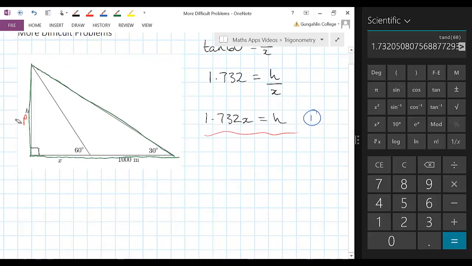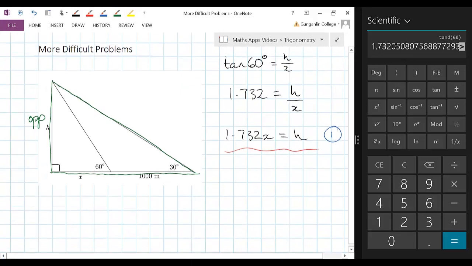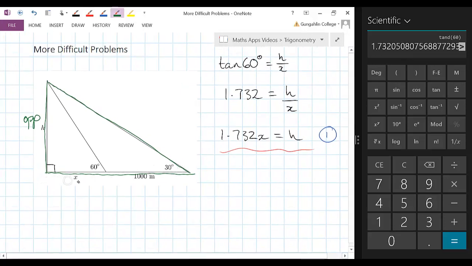It's still opposite that angle there. But the adjacent side is this whole edge along here, from here to here. And that distance has to be whatever x is plus 1000.